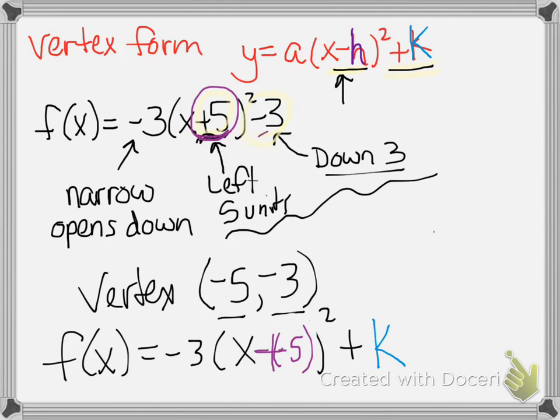Okay, and the same thing happens with the k. If the formula was plus, but in my equation it was a -3, that means k must be -3. Because adding a negative is the same as subtracting.